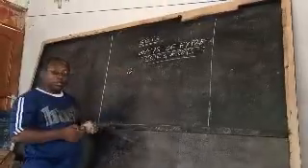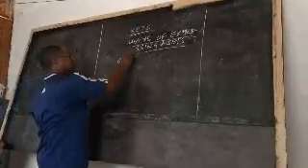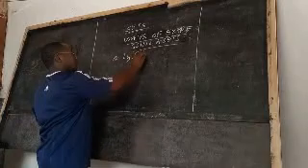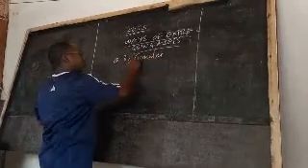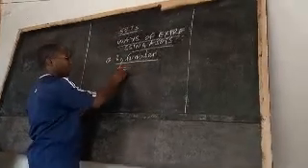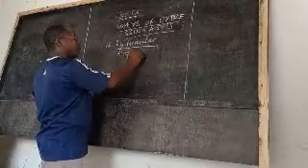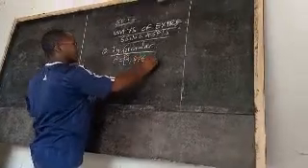The third method of expressing a set is by formula. For example, you have a set A which contains elements 2, 4, 6, and so on.